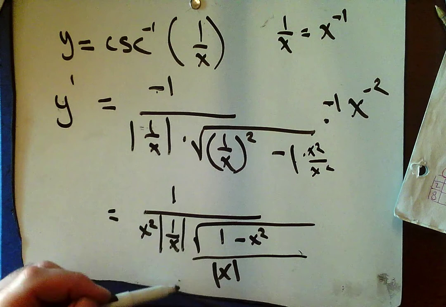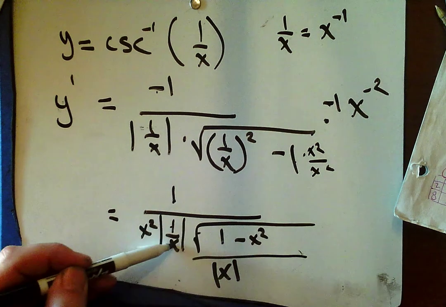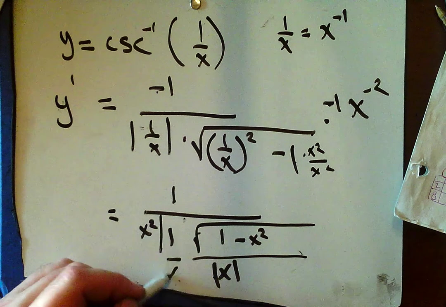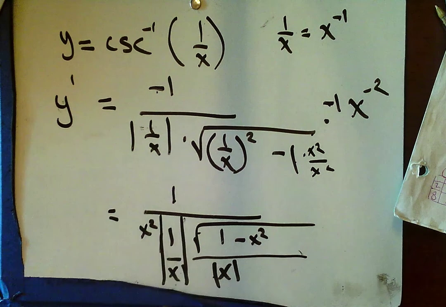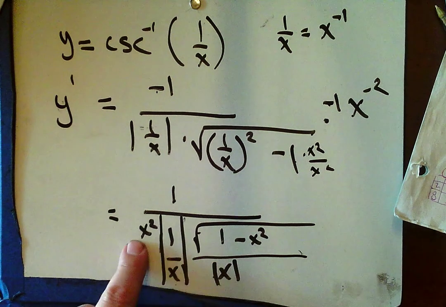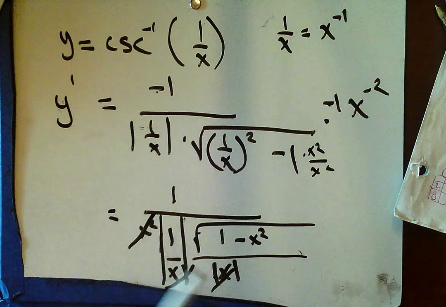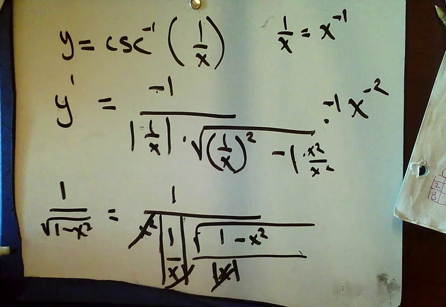And, just to keep size in mind, this goes with this, and this is on the same level as that. So let's draw that a little easier for us to see. So I'm going to get x times x, which is x squared, and I have that x squared there, so they cancel, and I'm left with 1 over square root of 1 minus x squared.